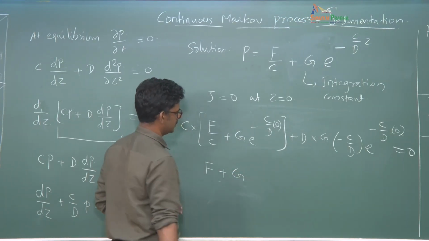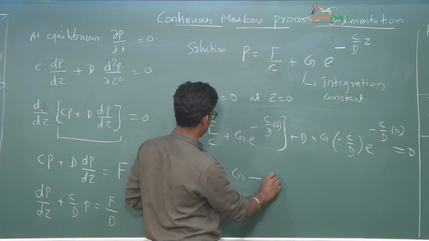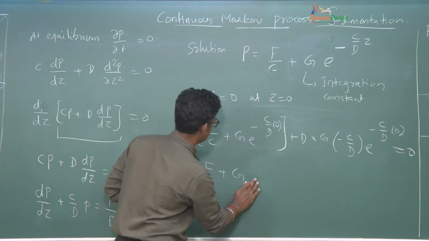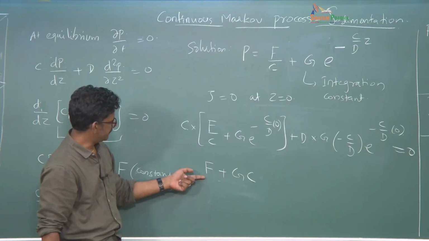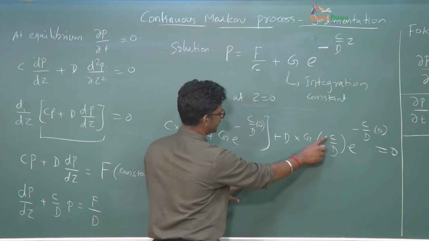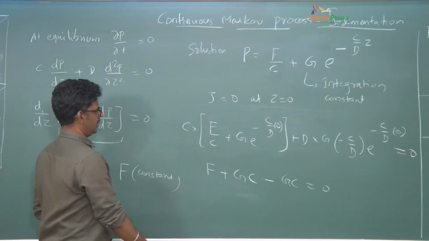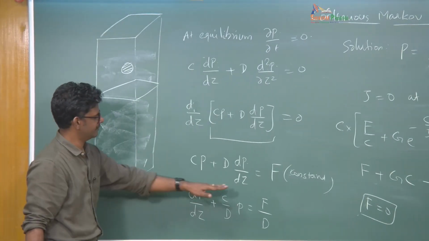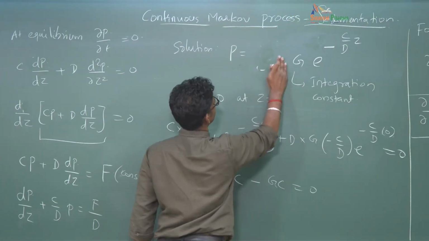Here I'm multiplying with C, so I'll get F plus GC times this entire term, which is 1 minus... D gets cancelled, you will get GC, and this whole thing is 1 now. That is equal to 0. This basically means F is equal to 0. The constant F that we mentioned here is basically 0. So then P becomes simply just this.